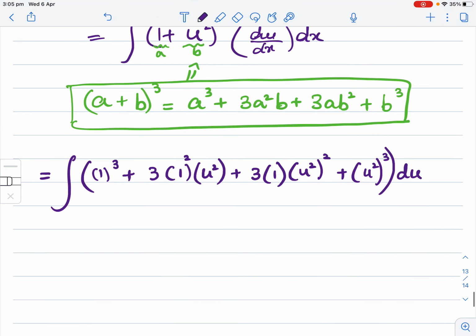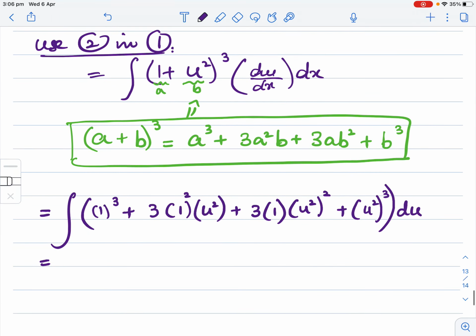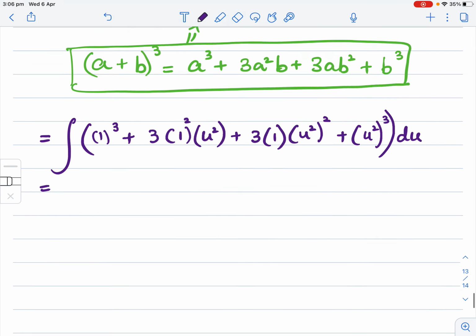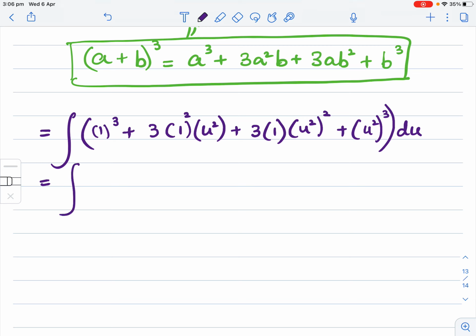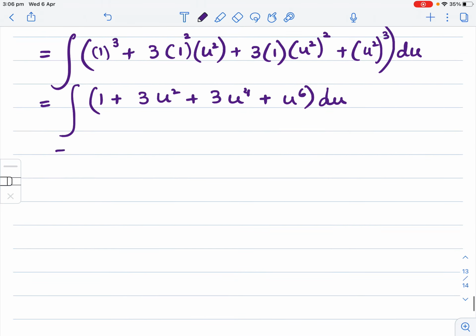All right, now we can see this form after expansion of this (a plus b) whole cube, right? Now I can also write it this way: 1 plus 3u^2 plus 3u^4, I'm further simplifying it, u^6 du, and then integrate every term.